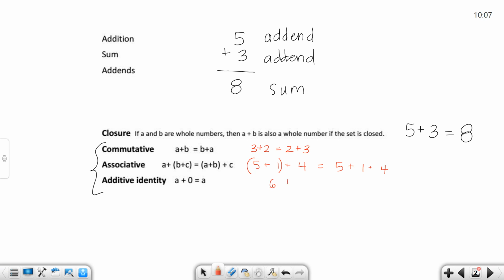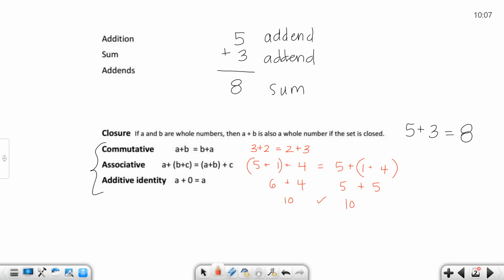So I'm going to get 6 plus 4, so I'm going to get 10. But let's say over here I added these two first. That's 5. 5 plus 5 is also 10. So it doesn't matter if I do the first group, 5 plus 1 first, or the second group, 1 plus 4 first. I'm going to get the same value.